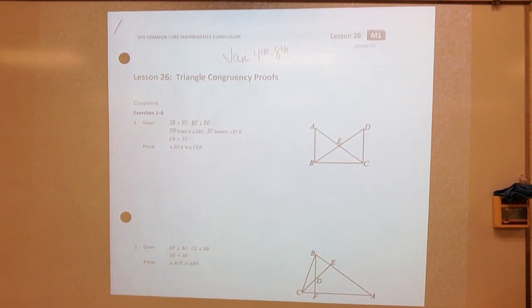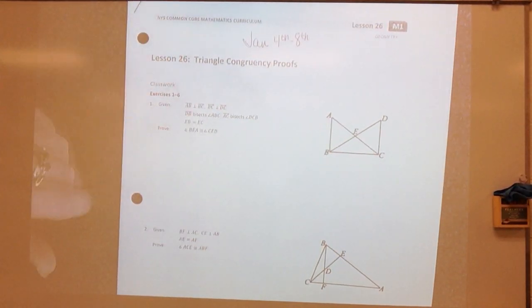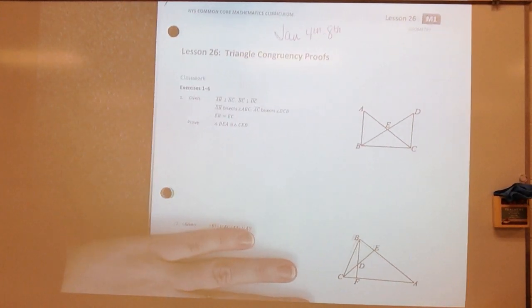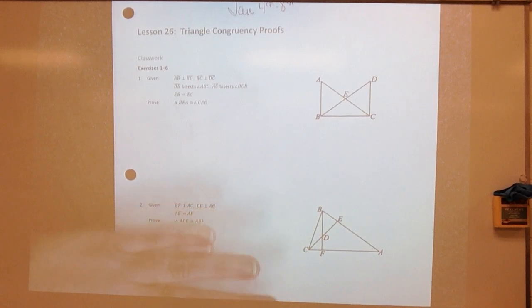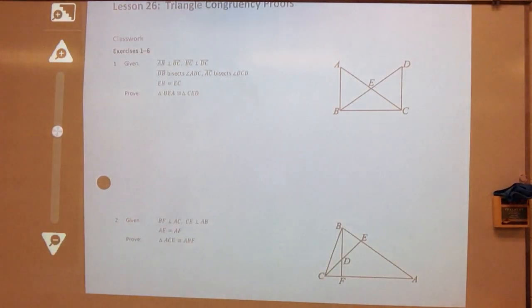In other words, we're putting the last 4 lessons together and we are going to construct some proofs. Remember, with any proof, look at what you already know and then go from there.